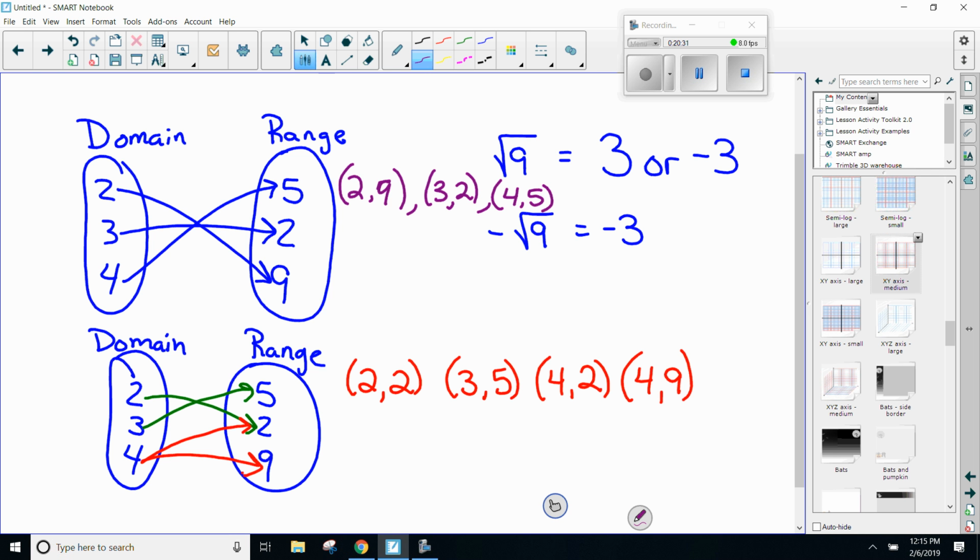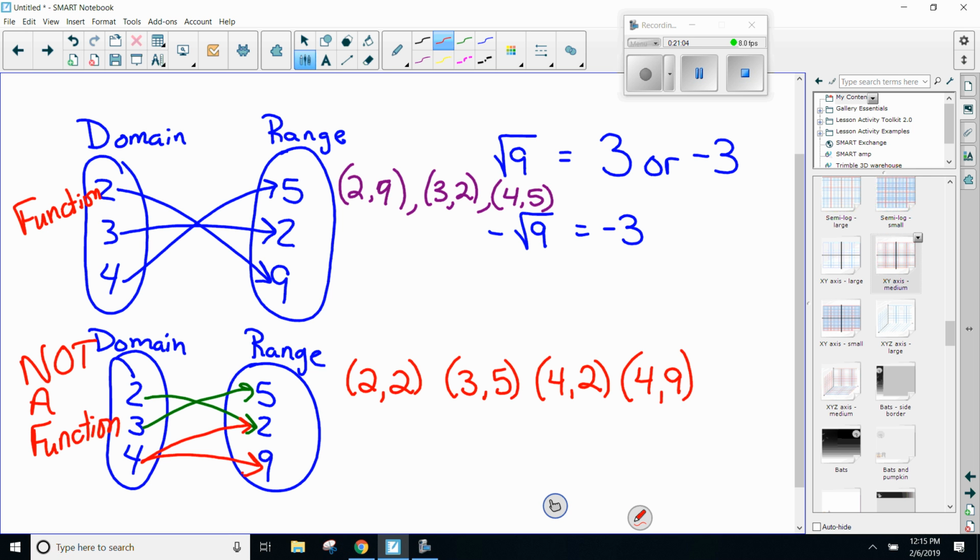There's my points there. So this right here is not a function. If it is not a function, that means that you have an x value that has 2 different y values. If it is a function, every x will be paired up with a y value.